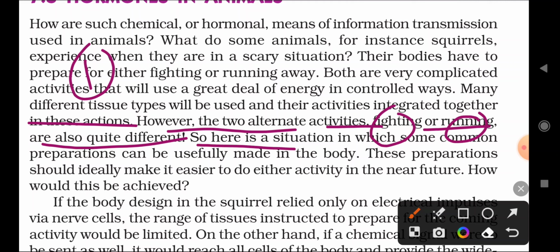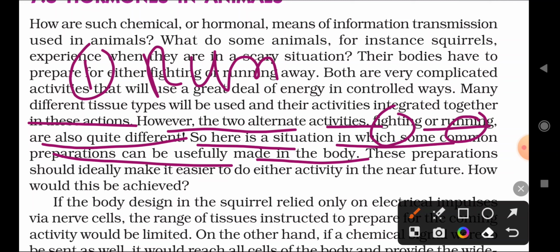Still, there is a situation in which some common preparation can usually be made in the body. Whether the animal is running away from the tiger or fighting, both conditions require some activity in the body.